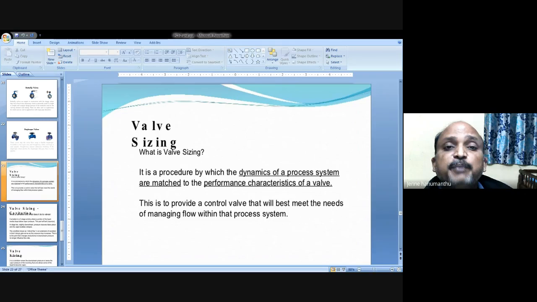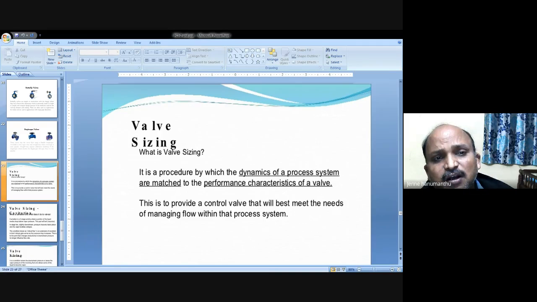And for vapors, these two are not suitable. That means the control valve used for liquid and the control valve for gases, these two are not suitable. We need to select another control valve to permit vapor, otherwise steam, right?